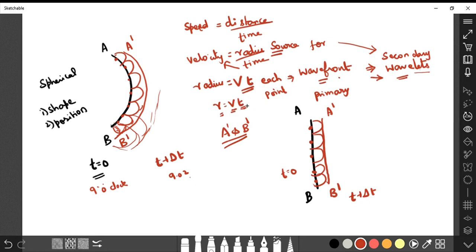So Huygens principle states that if you know the shape and position of the wavefront at a time t equal to 0, we can find the shape and position of the wavefront at a later time. I hope you understand this. Please go through it, and if you have any doubt, you can ask me in the comment section. Thank you everyone.